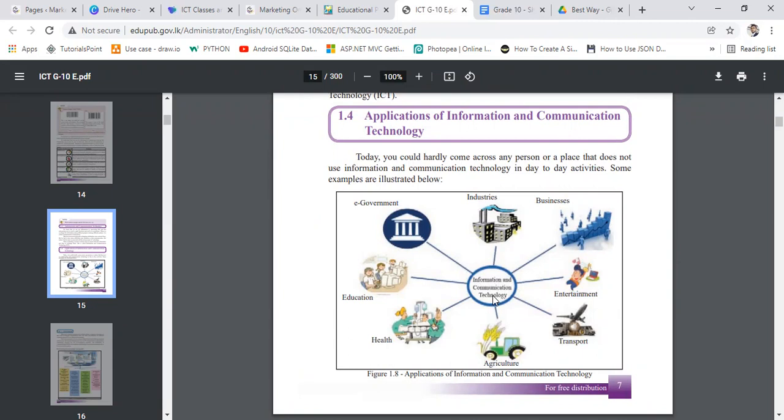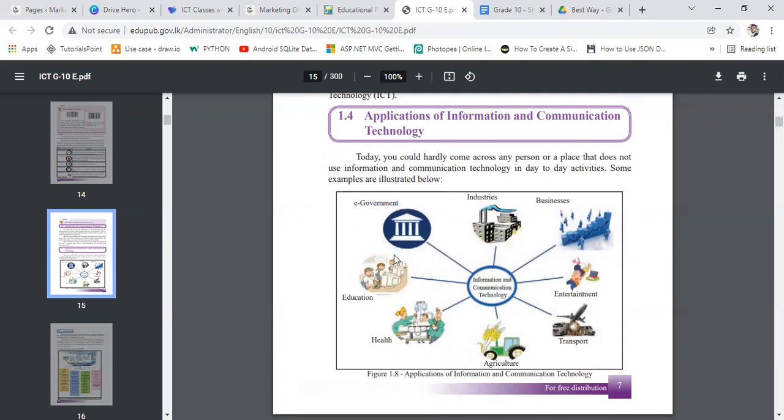I normally prefer education. You can write so many things there. You can also write about the use of ICT in entertainment, and the health sector, because there are so many devices you can focus on. And then e-government. These are the 4 sectors that you can focus on and write answers.